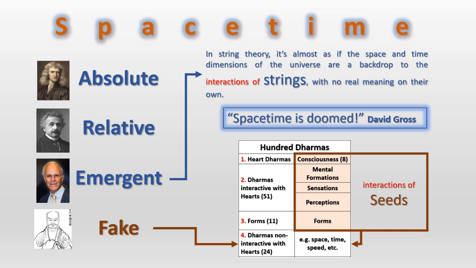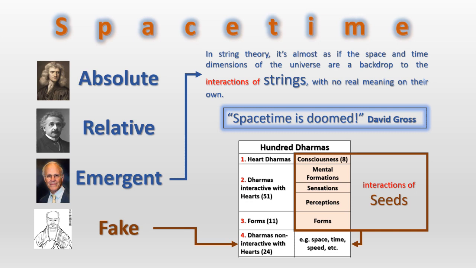We learned earlier, in Yogacara Buddhism, space-time belongs to a category of laws called non-interactive, which are fake laws. Space-time is said to be the differentiation amongst the 5 aggregates, which are consciousness, mental formations, sensations, perceptions, and forms. As the 5 aggregates with the leading aggregate of consciousness arise from seeds, therefore, space-time is the result of interactions of seeds.